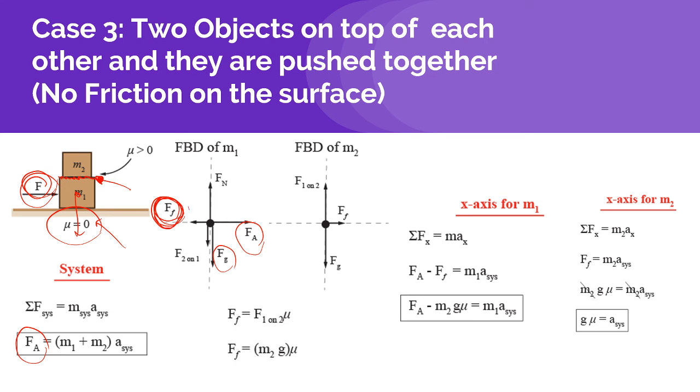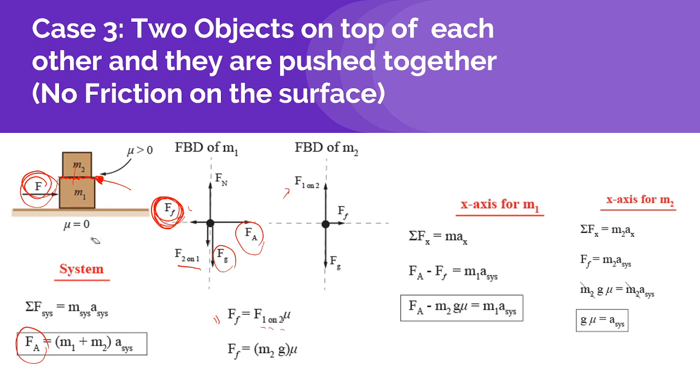And I'm going to revisit this guy in a bit and figure out why it's going left. And what else do we have? M1 is also pushed by M2, so there's F2 on 1. And the friction force is basically F1 on 2, and we need to actually revisit this part as the second object.